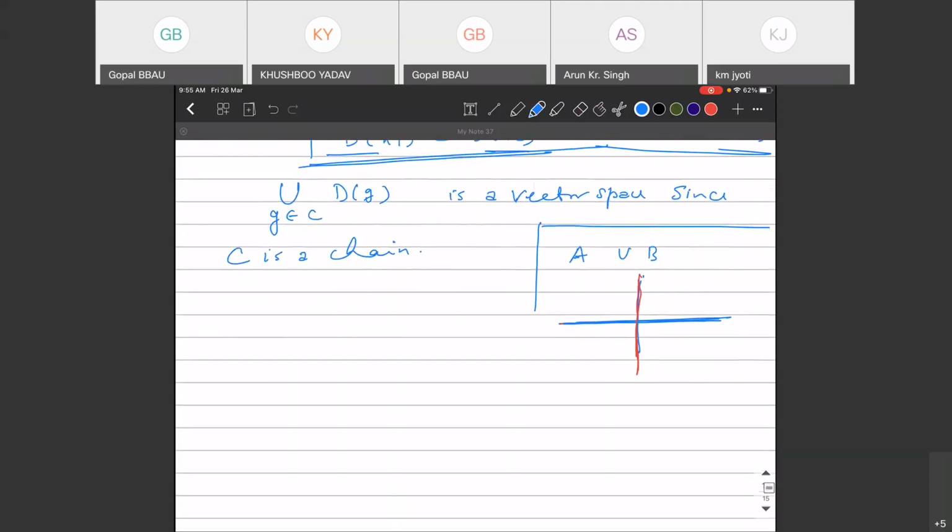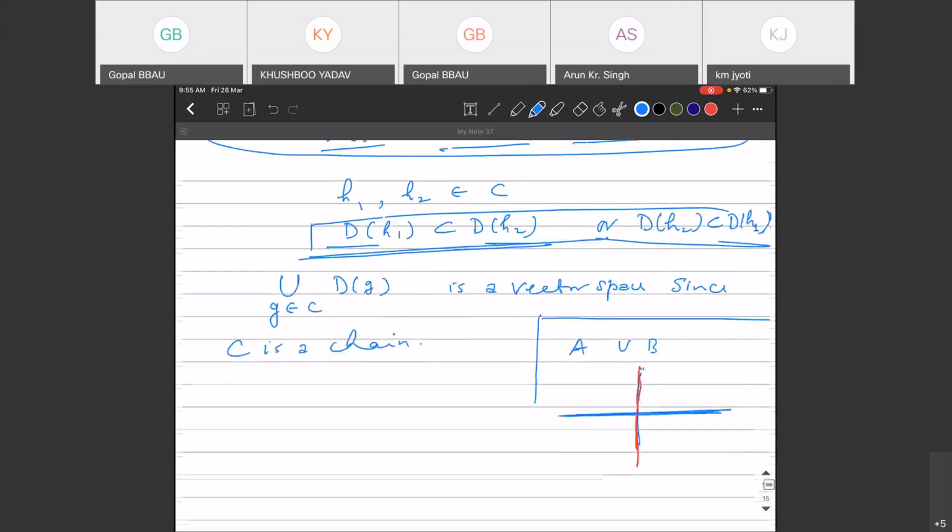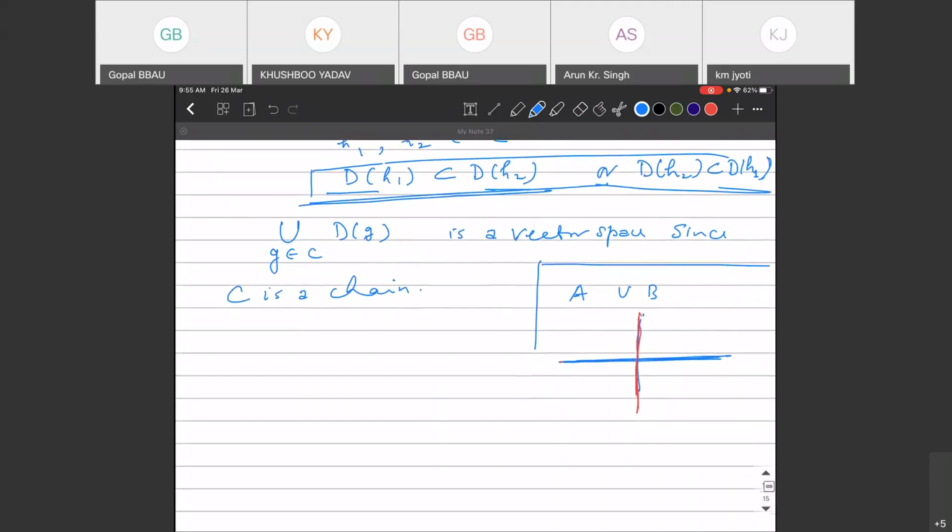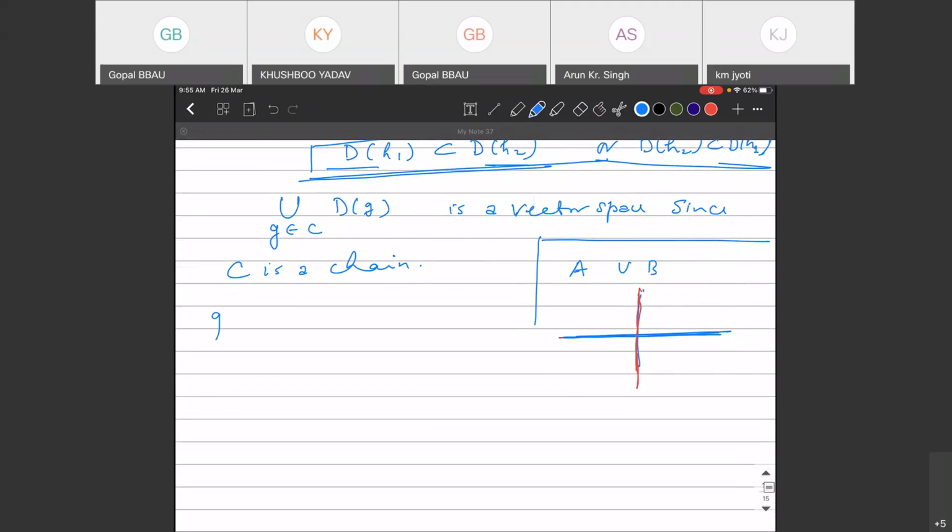Now, as we define G to G head, this is well defined. How?